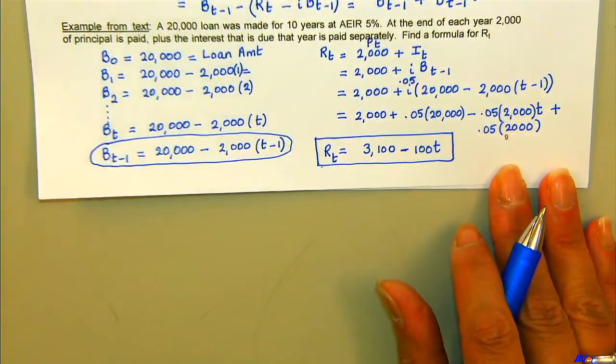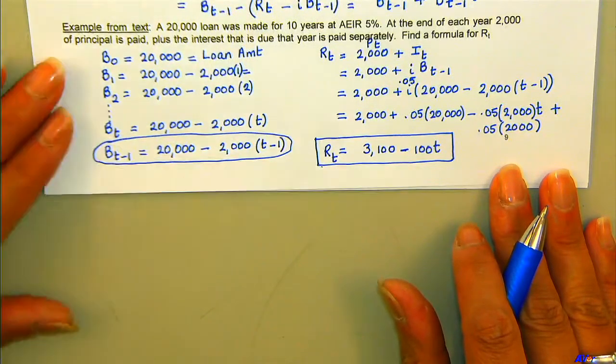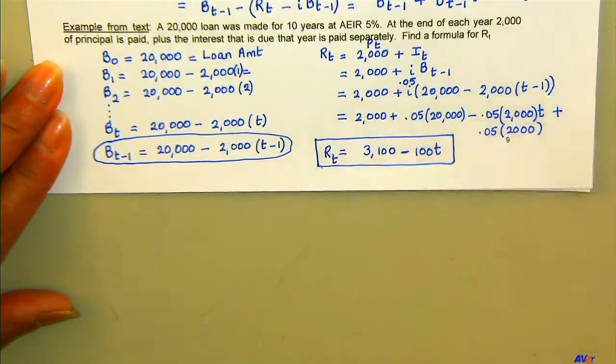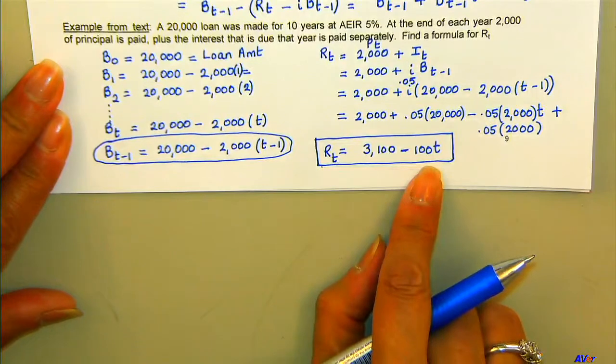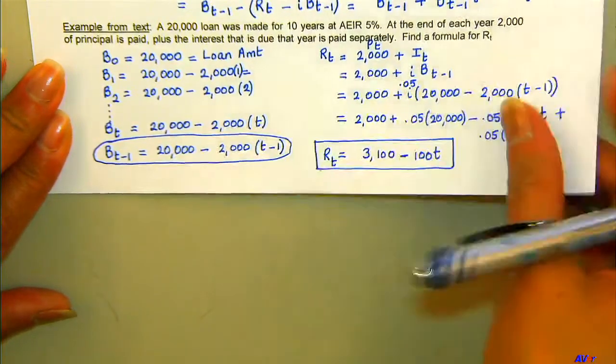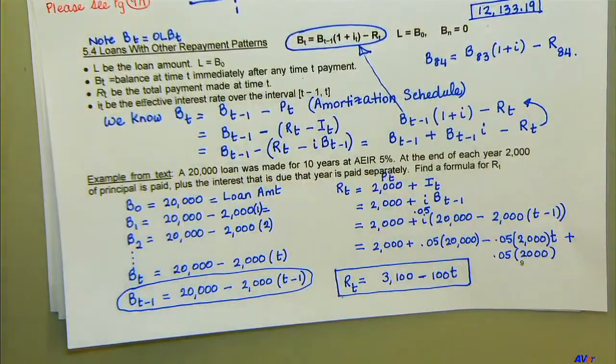Right, let's create the amortization schedule for this. And you will be able to see from the payment column that it's equal to 3,100 minus 100t. Let me just get a blank piece.